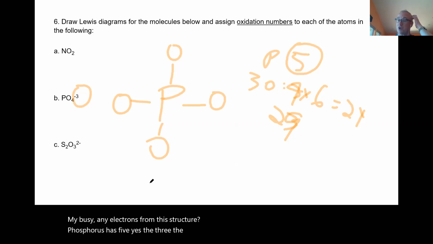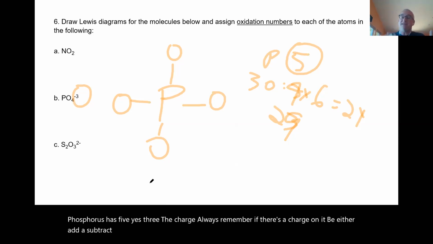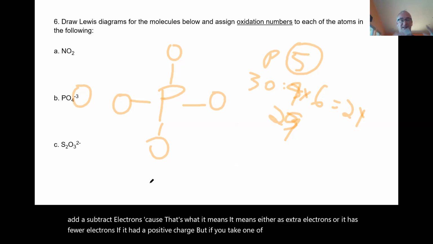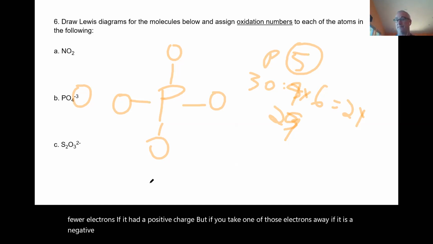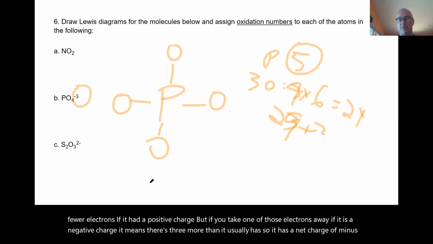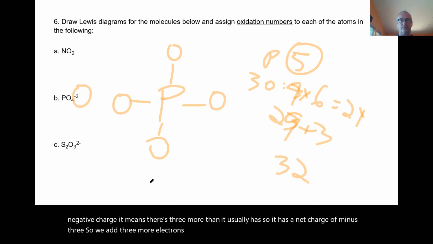Always remember, if there's a charge on it, we either add or subtract electrons, because it means it has either extra electrons or fewer electrons. If it had a positive charge, we'd have to take electrons away. If it has a negative charge, it means there are more than it usually has. So it has a net charge of -3, so we add 3 more electrons for a total of 32.